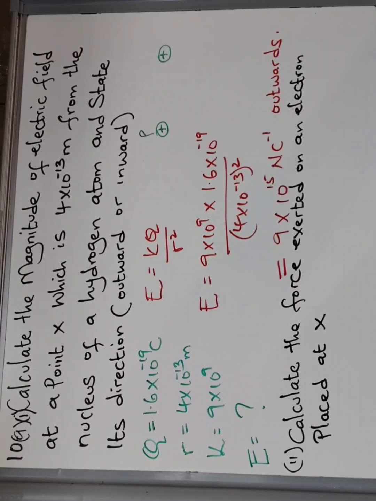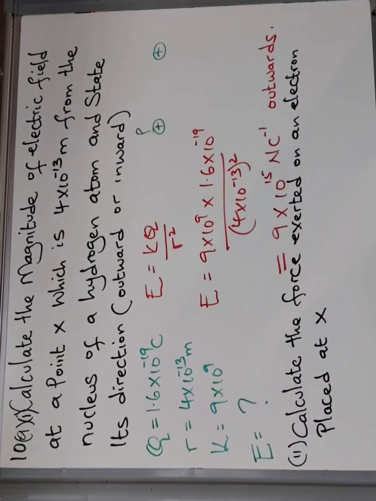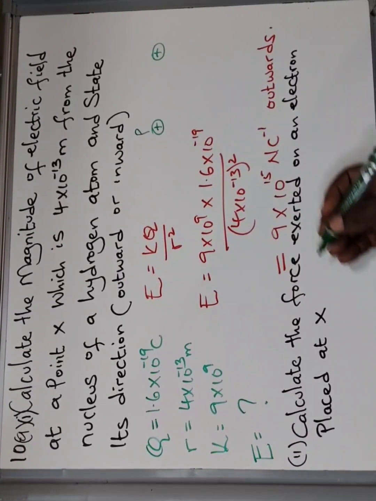Then comes the next question. It says, calculate the force exerted on an electron placed at X. Okay, let us look at the information we have here. What do you know about X?